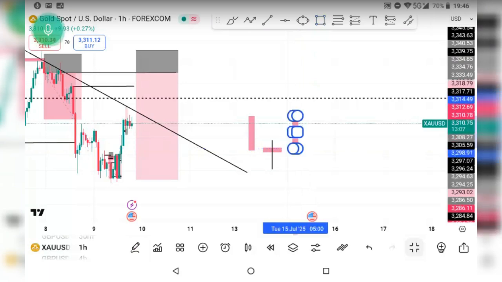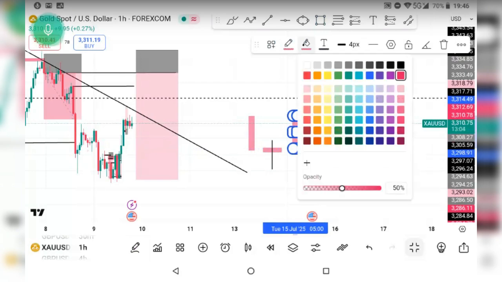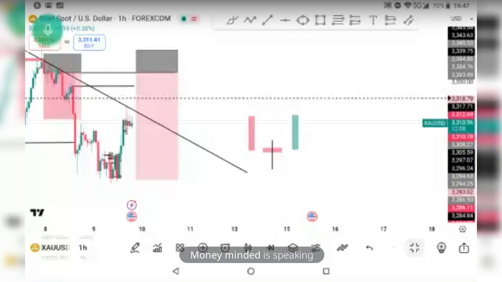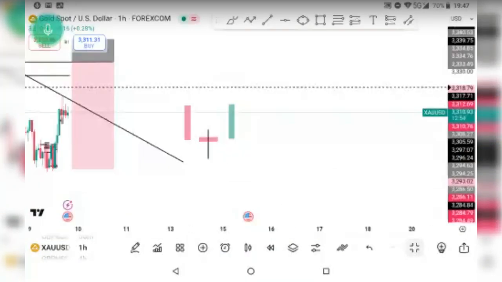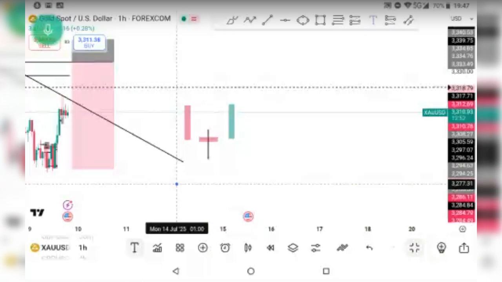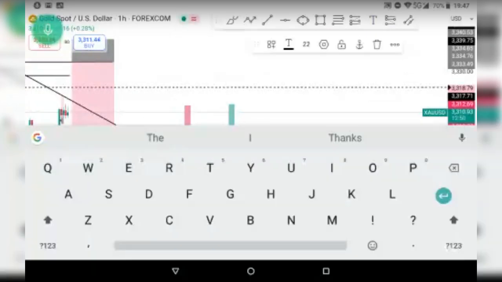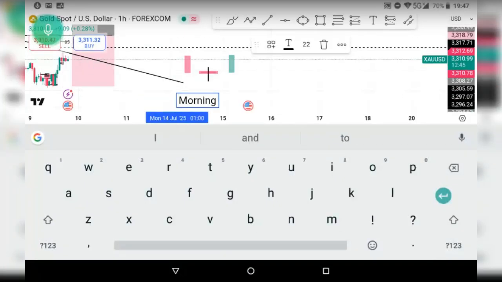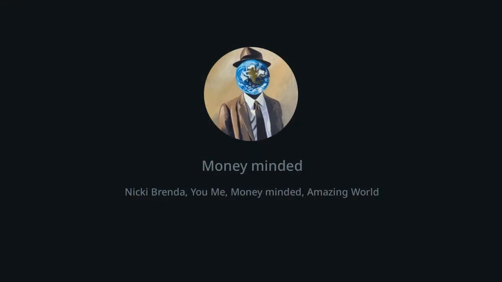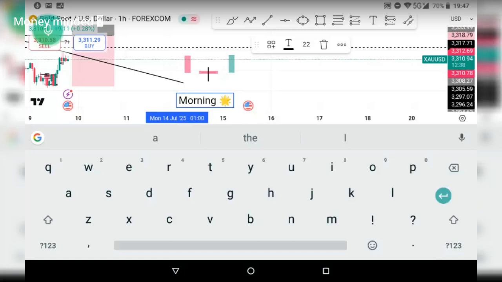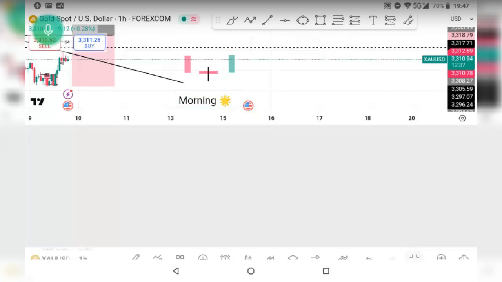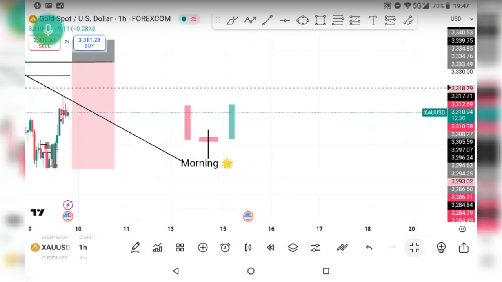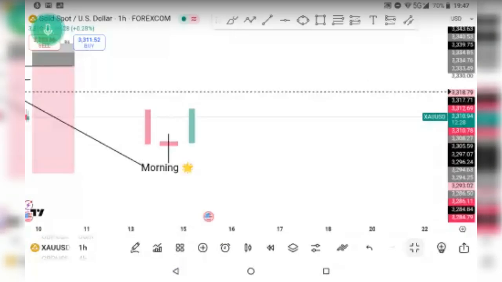But this actually works on any type of analysis you are doing. So this is how the morning star looks. This is the morning star, and this is the evening star.